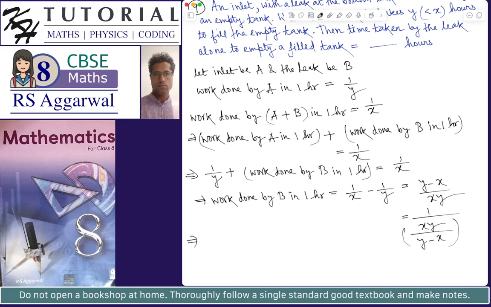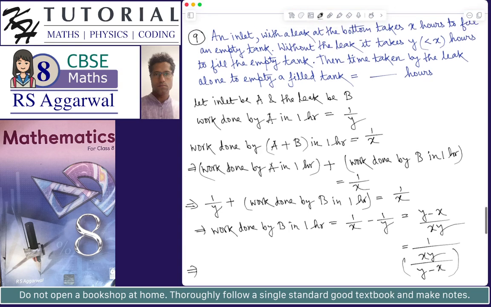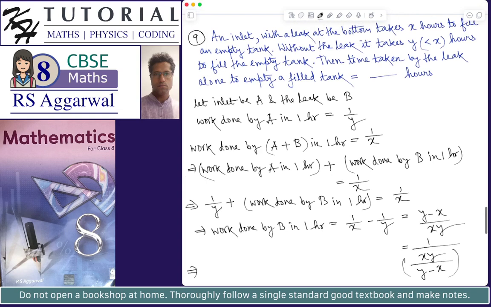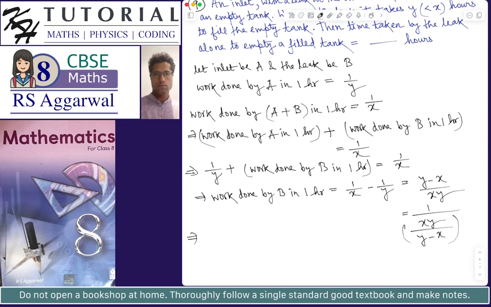So why will it be negative? See, the work done by B in 1 hour is y minus x divided by xy. Now x and y are positive, but y is given to be less than x. It is given that without the leak it takes y, which is less than x. So definitely y is less than x, then y minus x will be negative. So we can write this as negative of x minus y divided by xy.